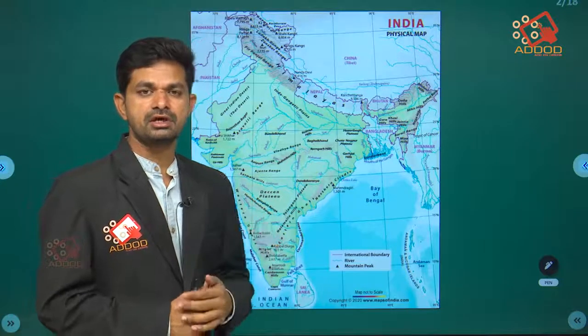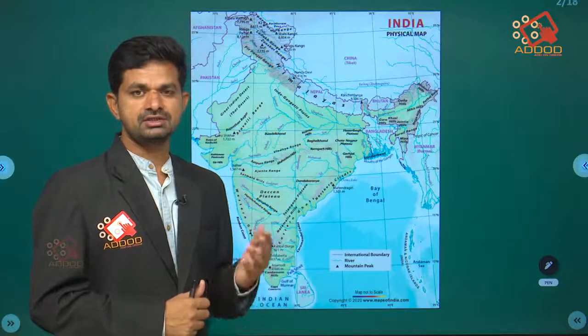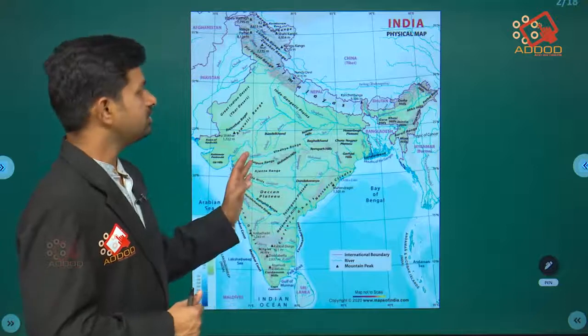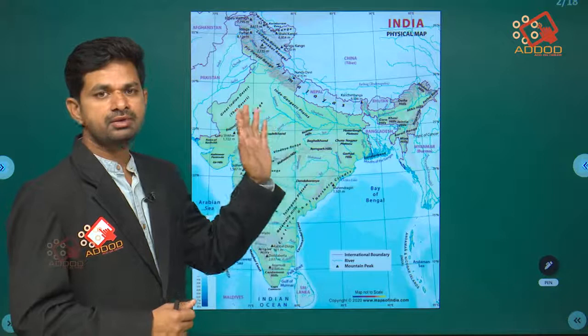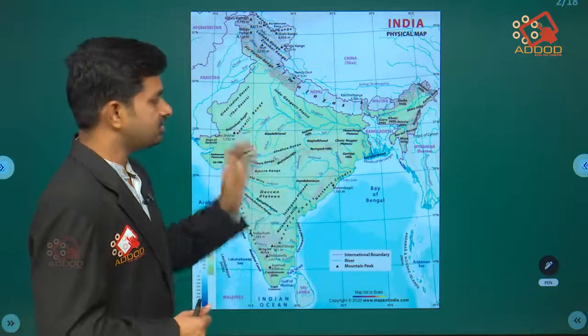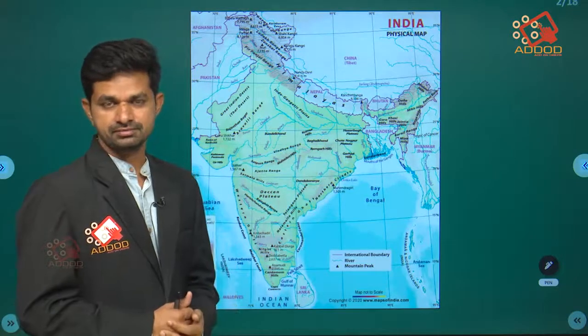A political map gives us all the human settlements and political boundaries of the states, districts or countries. In a physical map, all the plains, plateaus, mountain ranges, hills will be given along with the rivers and water bodies.